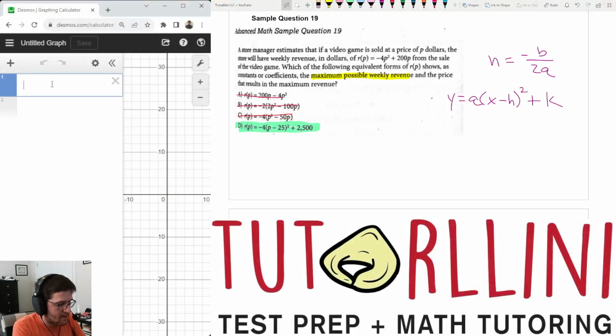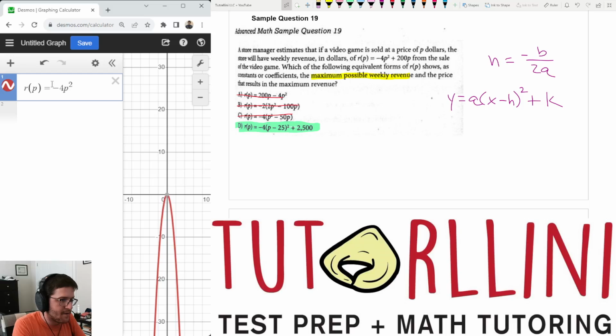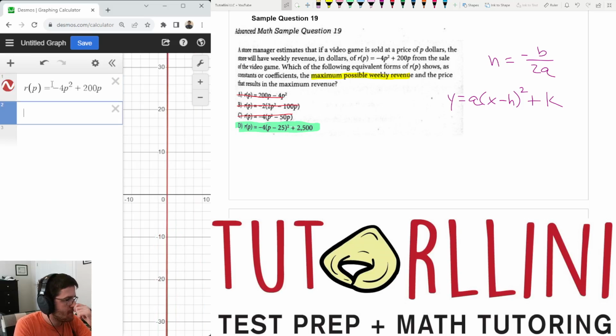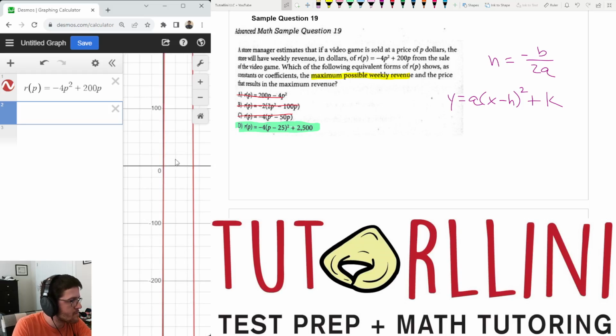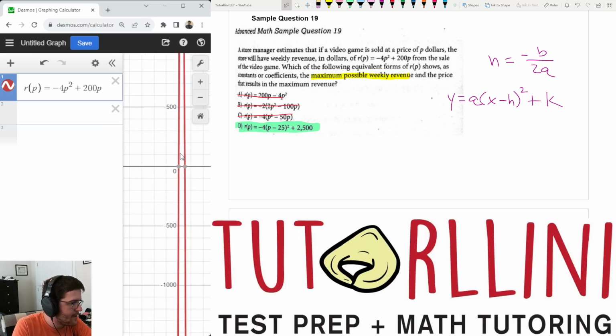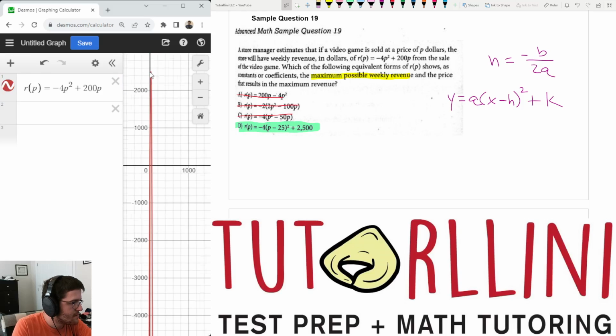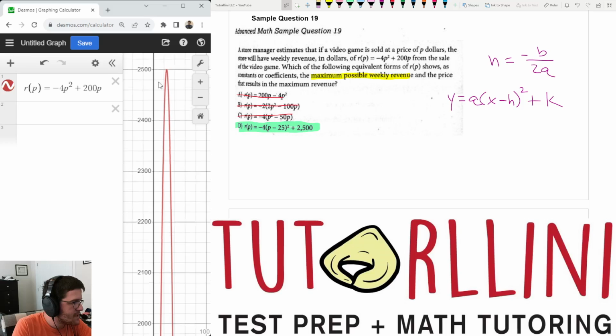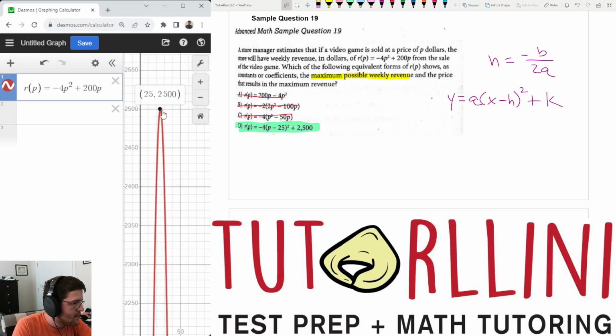vertex. Let's do that. So r of p equals negative 4p squared plus 200p. And I'm going to zoom out here. It seems like the vertex, okay, the selling price, the x, is 25, and the revenue, in this case the maximum revenue, is 2,500.